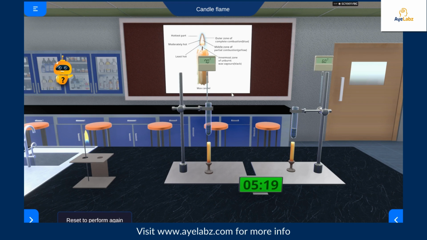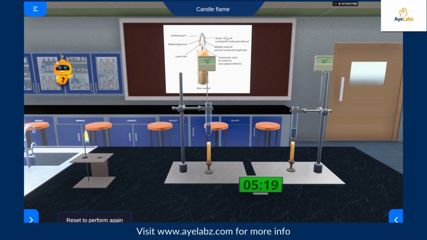As you can see, after 5 minutes, the water with the first candle reached 70 degrees Celsius and with the second candle 60 degrees Celsius, which clearly shows the different layers have different combustion levels, as depicted on the board.